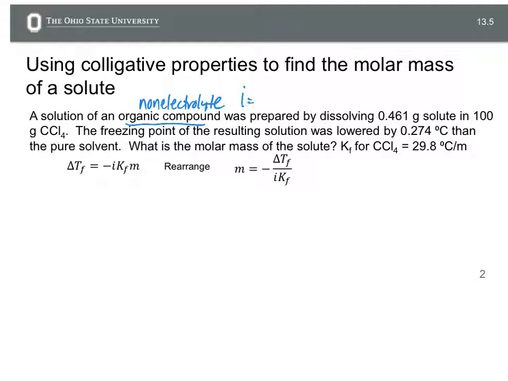And so i equals 1. So a solution of an organic compound was prepared by dissolving 0.461 grams of solute in 100 grams of carbon tetrachloride, CCl4. The freezing point of the resulting solution was lowered by 0.274 degrees Celsius. And we want to find the molar mass of the solute. So we want to find grams per mole.